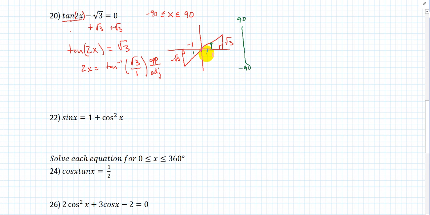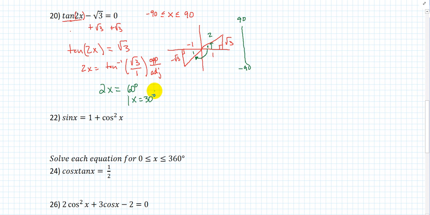I really want to go negative this direction. And we'll get to that in a minute, but so far I have 2x equals, and this is a 30, 60, 90 degree angle. This angle right here has to be the 60 degrees. So I have 2x equals 60 degrees, x equals 30 degrees.